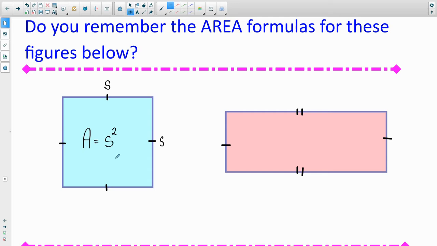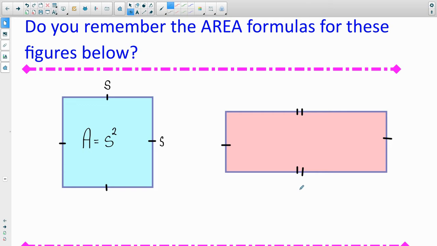Now, as soon as we elongate one of the dimensions of a four-sided figure that has 90-degree angles, it clearly becomes a rectangle. So obviously we can't talk about all of the sides being the same because they're not. However, you could see that opposite sides are still the same.